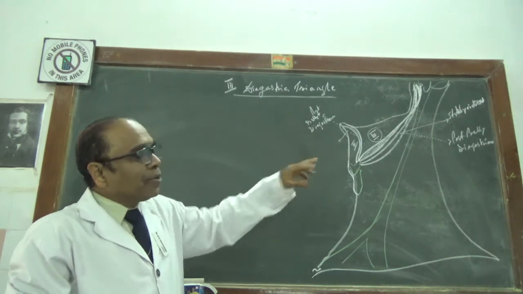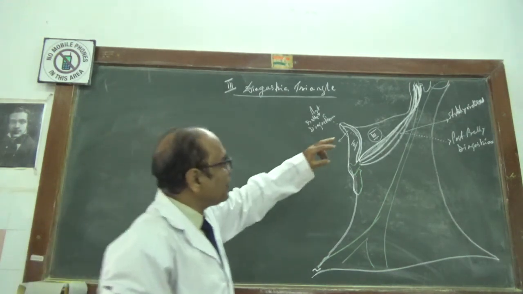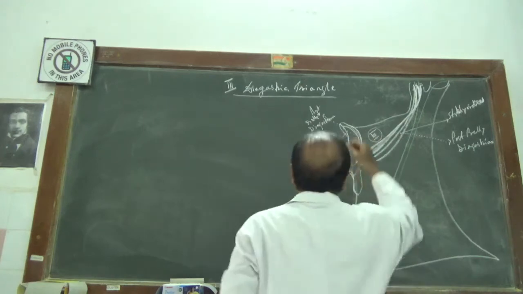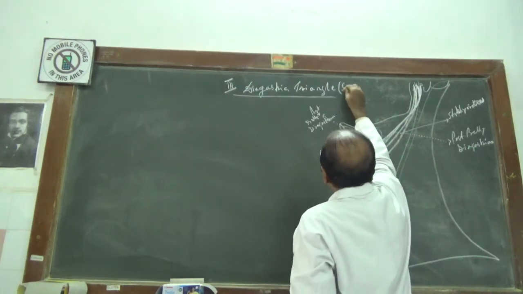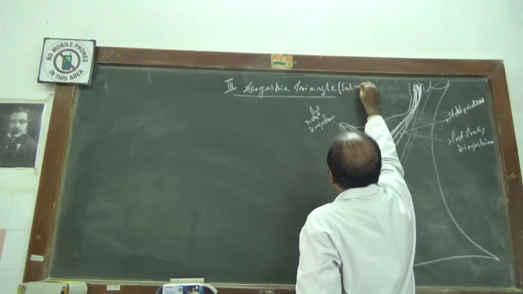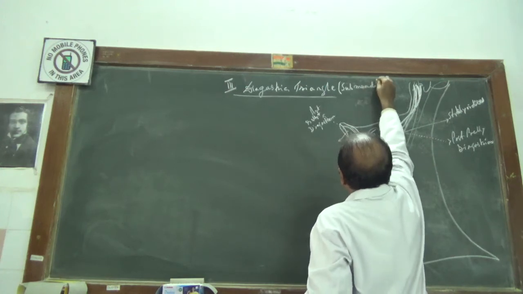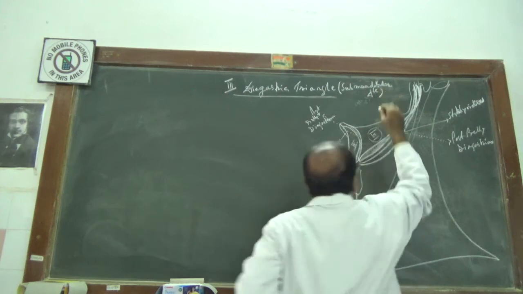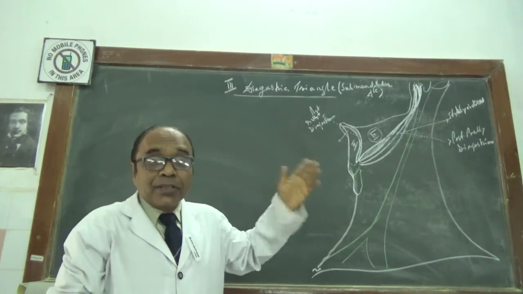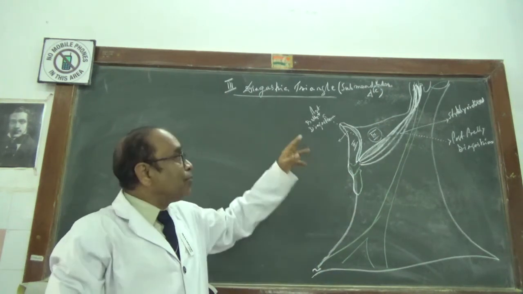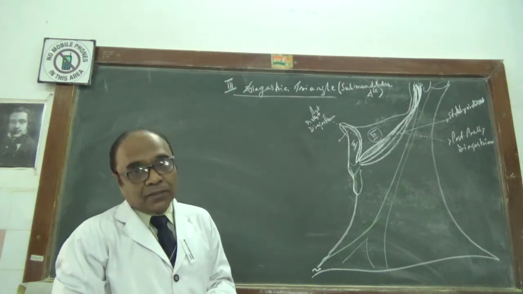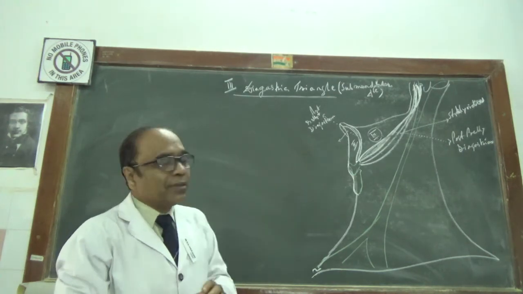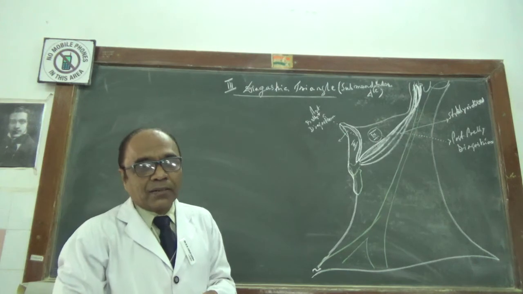Another synonymous name for it is the submandibular triangle, because its main content is the submandibular gland. Hence it is called the submandibular triangle.